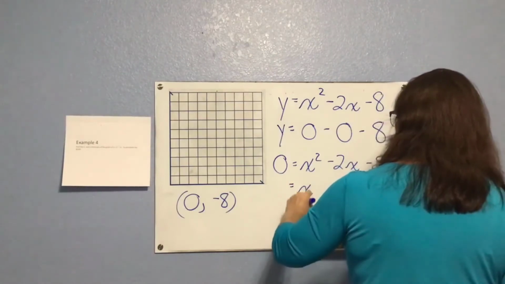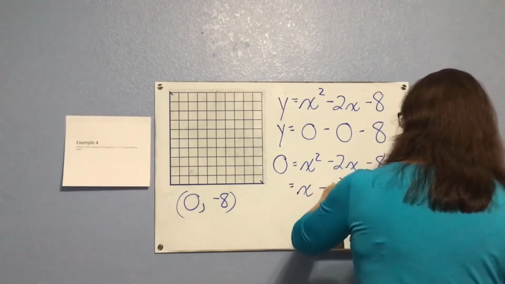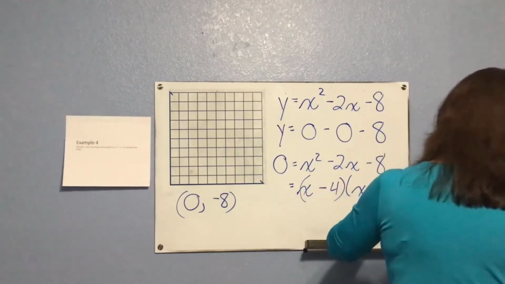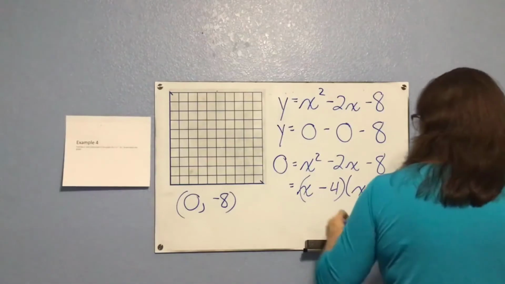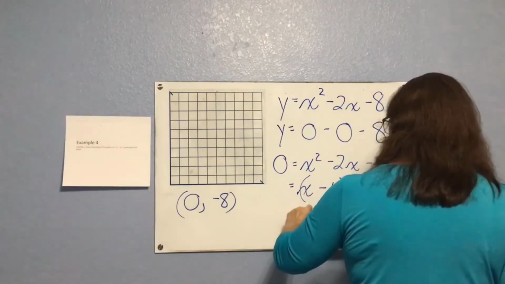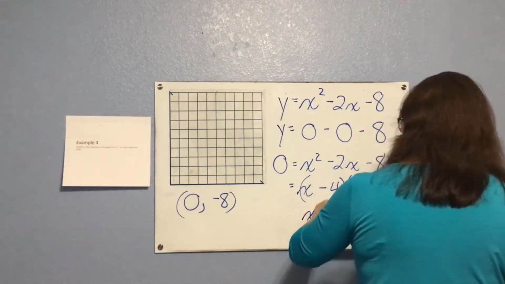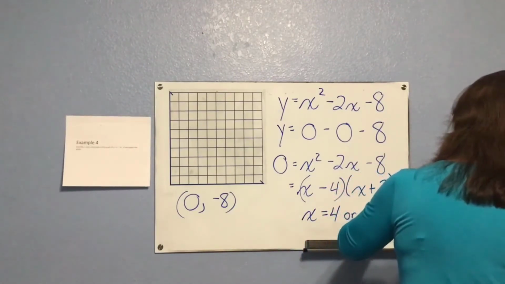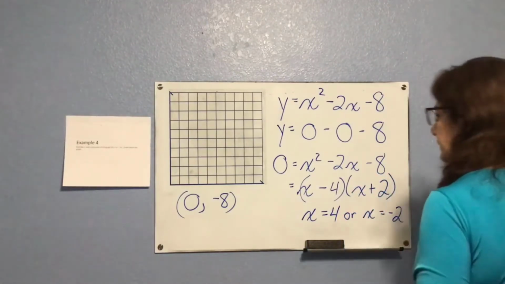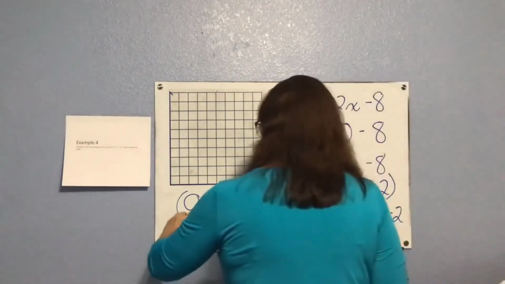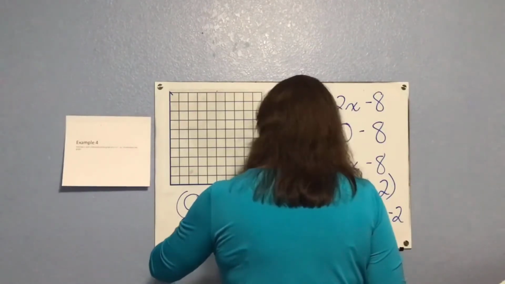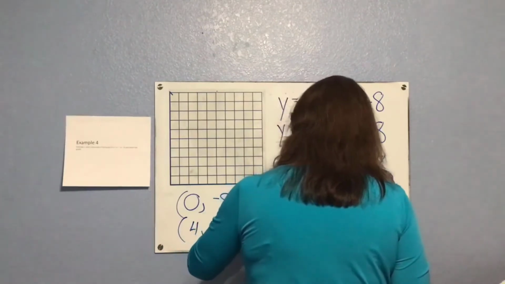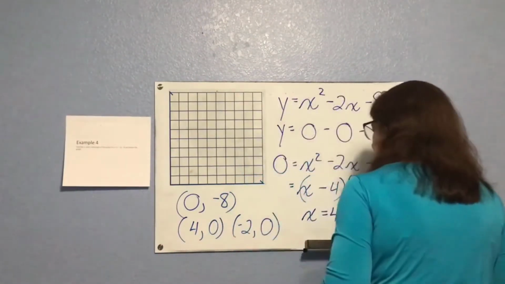So I'm going to have x minus 4 times x plus 2. So this is going to give me solutions of x equals 4 or x equals negative 2. So those 2 points are 4, 0 and negative 2, 0.